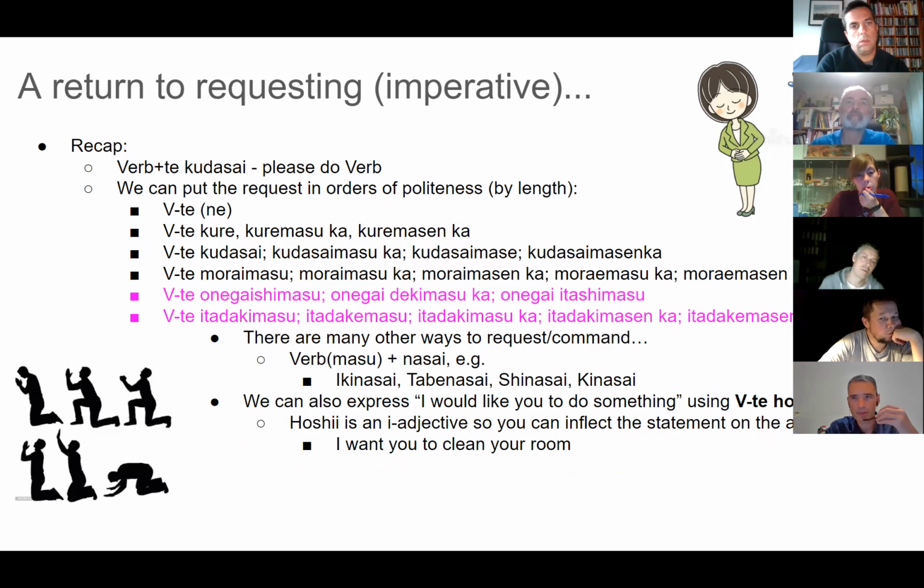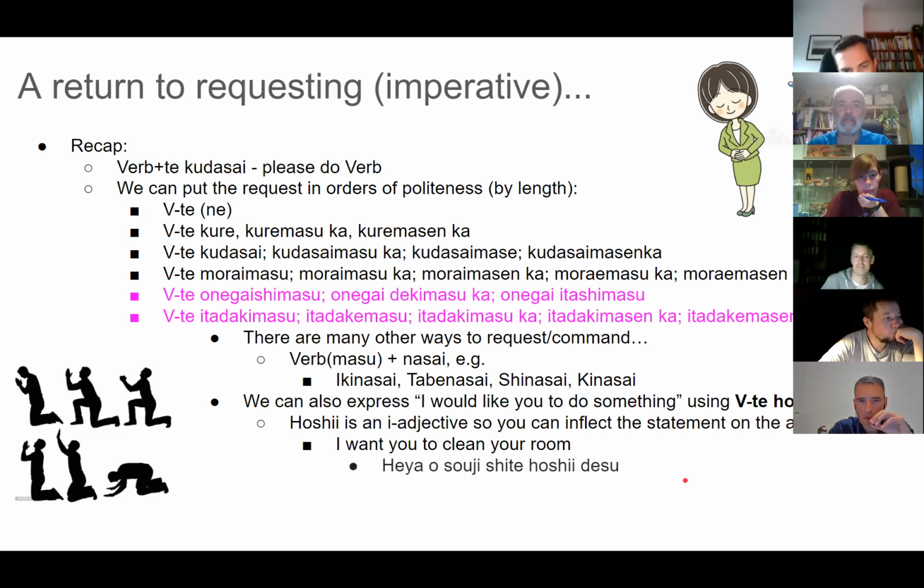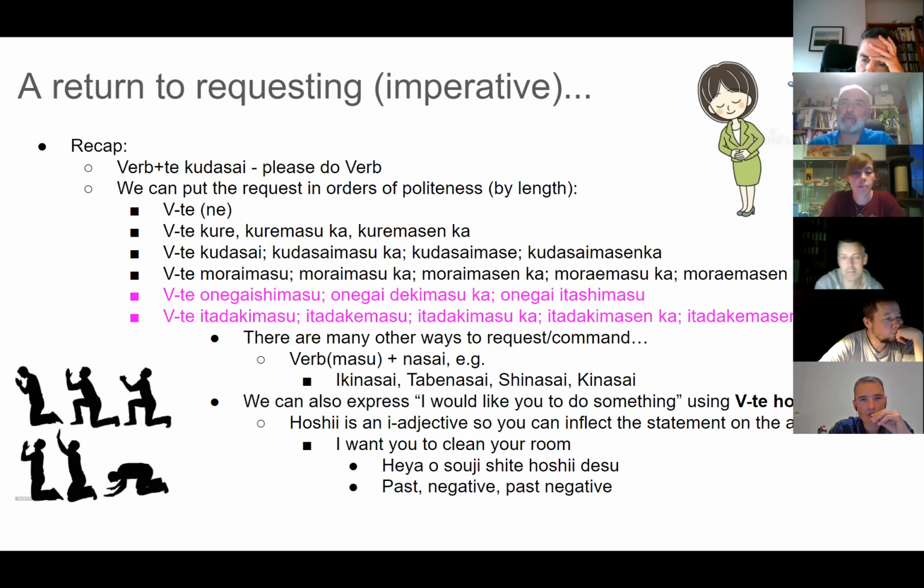Heya o souji shite hoshii desu. Perfect, exactly this. There we go. And then, Martin, how would you say "I wanted you to clean your room"? 部屋を掃除して欲しかったです。 Perfect. Souji shite hoshikatta desu.